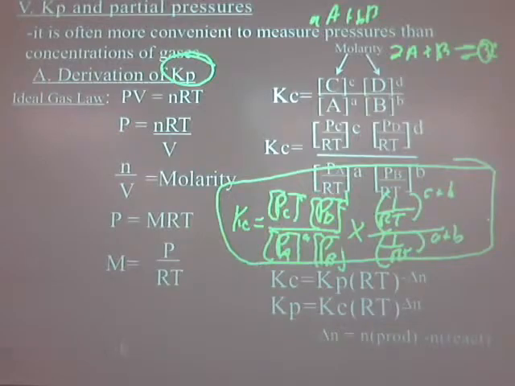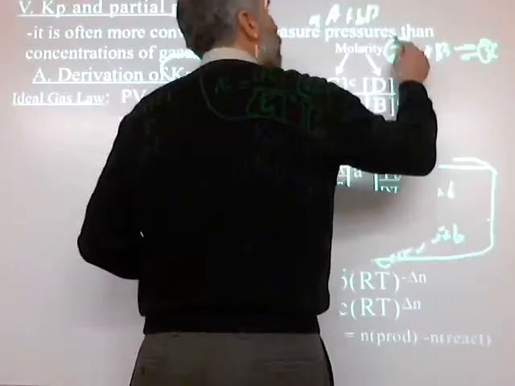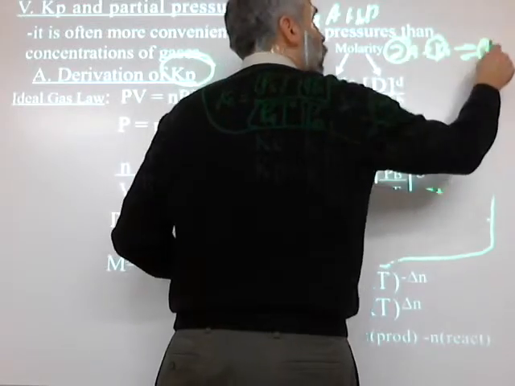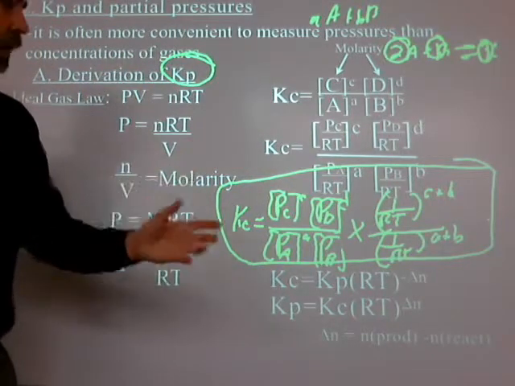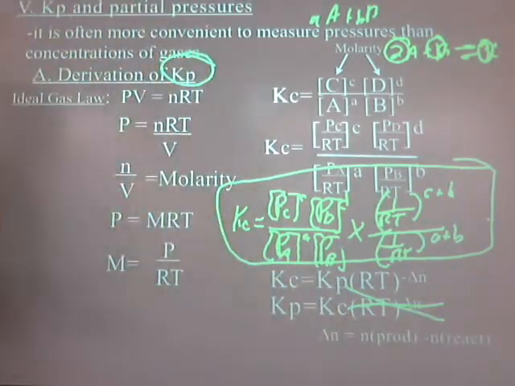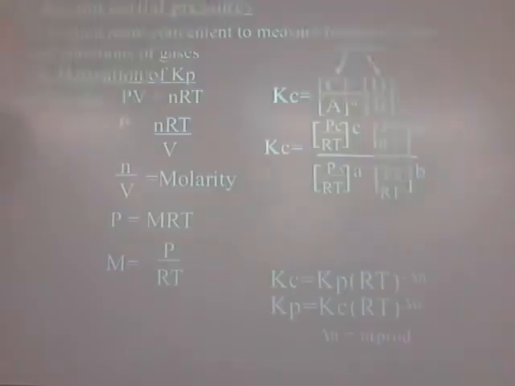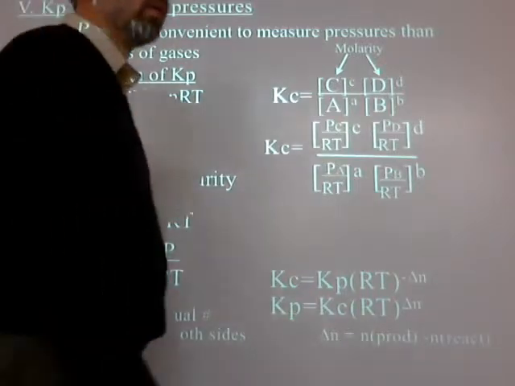If delta n were 0, in other words, if the number of moles of reactants were equal to the number of moles of products, number of moles on both sides are the same, you could forget all about this guy. Kp equals Kc. It's the exact same number. Is that crazy or what? So write that down over here. Kc equals Kp, where equal number of moles of gases are on both sides of the equation. Wow.